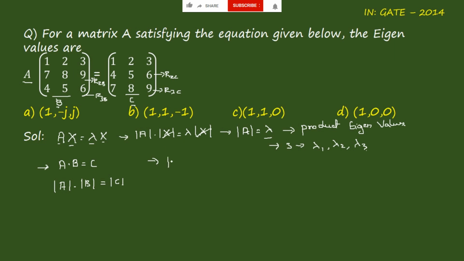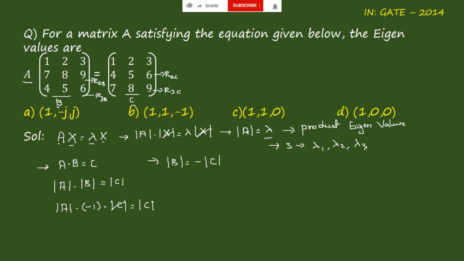So we can say that determinant of B is equal to minus determinant of C, right? So substitute here: determinant of A into minus determinant of C is equal to determinant of C.